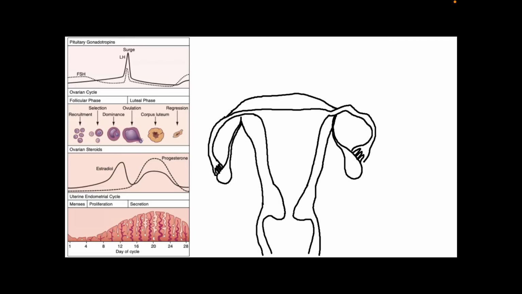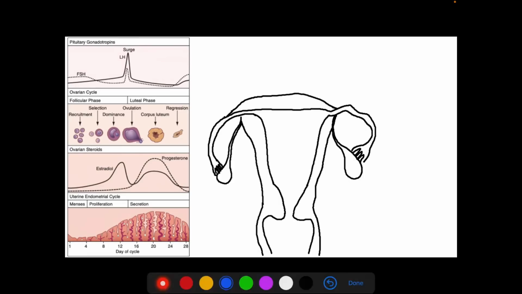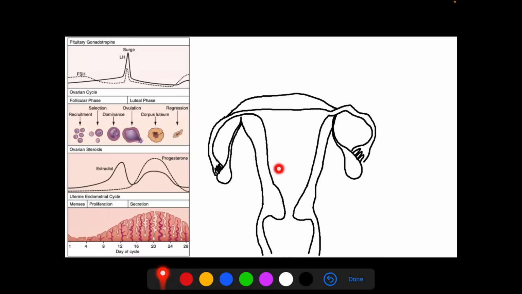Now, to understand it better, I have here a simple illustration of the female reproductive system. So I hope it's clear to you. So this is the uterus and the endometrial lining here. Also this is the fallopian tube. This one also the fallopian tube, and of course, the ovaries. So you have to take note also that the menstrual cycle is under the control of hormones secreted by the pituitary gland and of course the ovaries.